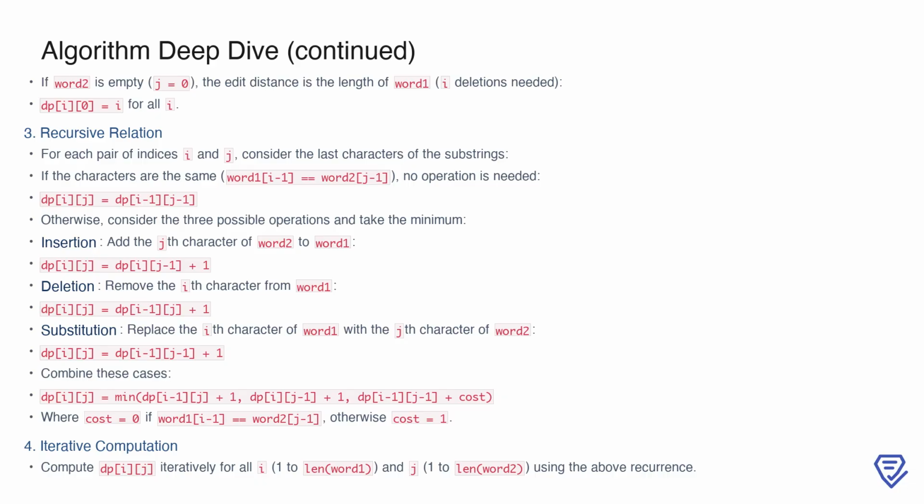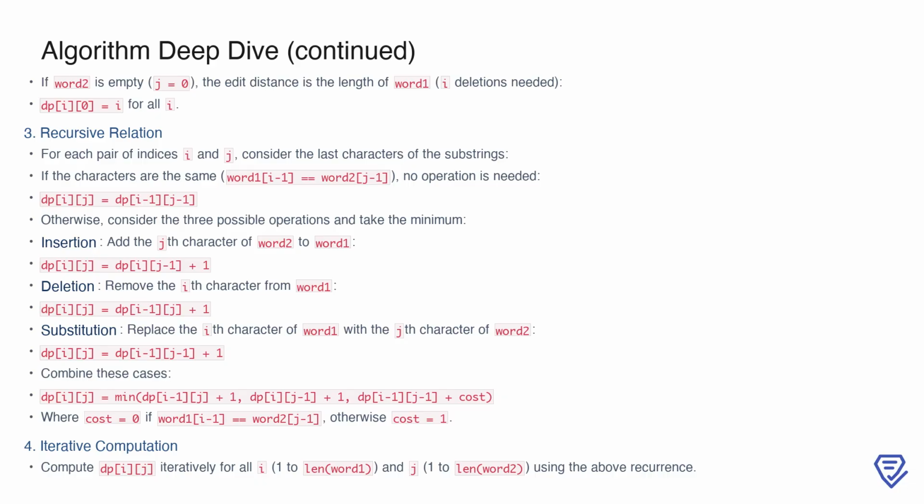Now, for the recursive relation, we consider each pair of indices i and j, looking at the last characters of the substrings. If the characters are the same, no operation is needed, so dp[i][j] equals dp[i-1][j-1]. However, if the characters differ, we must consider all three possible operations: insertion, deletion, and substitution. For insertion, we add the jth character of word2 to word1, making the cost dp[i][j-1] plus 1.